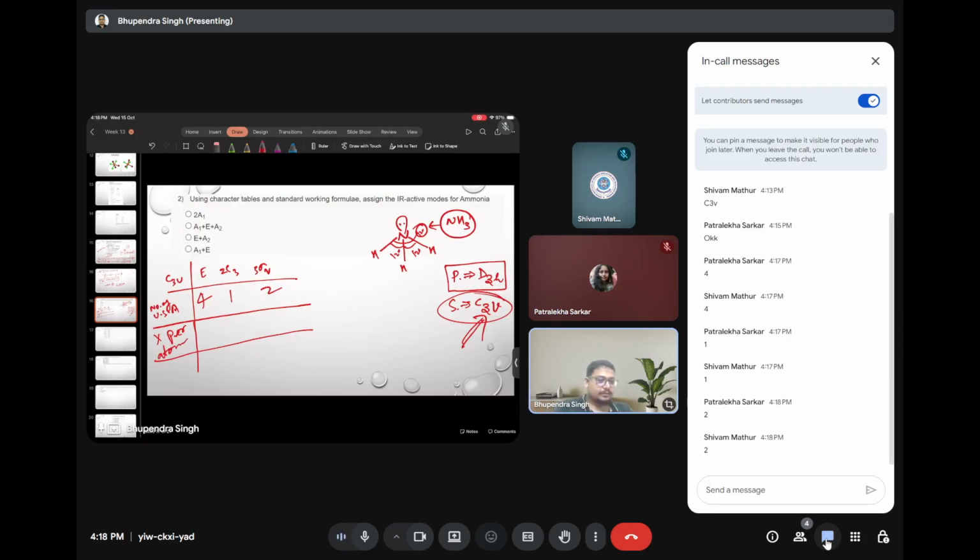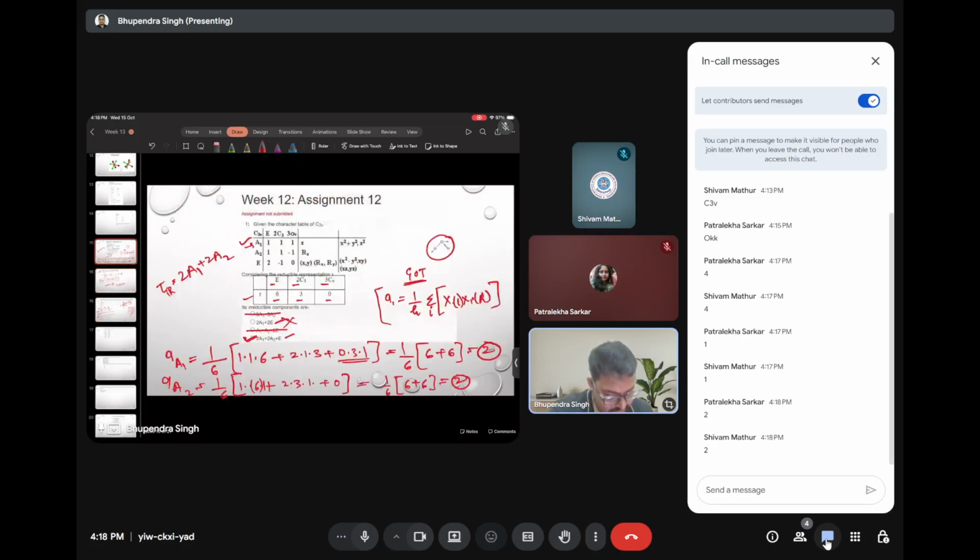You can easily find it in the character table. So for E, what will be the character?